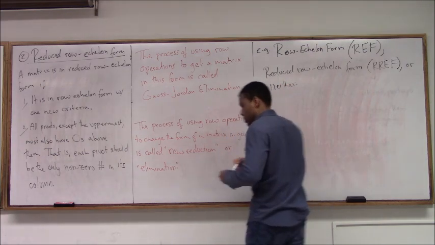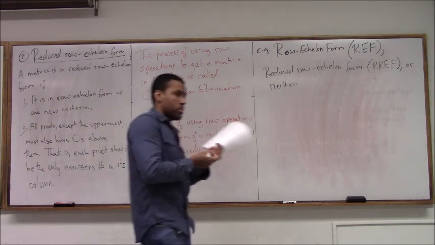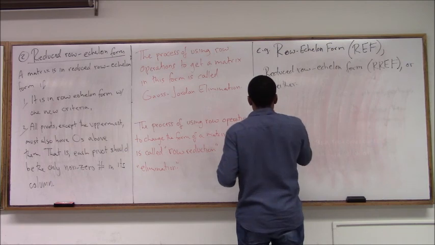Or neither. So let me write down some matrices for you, and basically I want you to identify for me whether they're in row echelon form, reduced row echelon form, or neither of these. And of course you should be able to give me reasons why. So here.